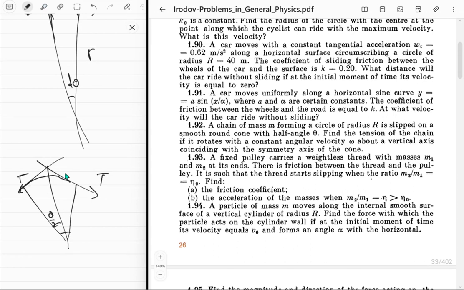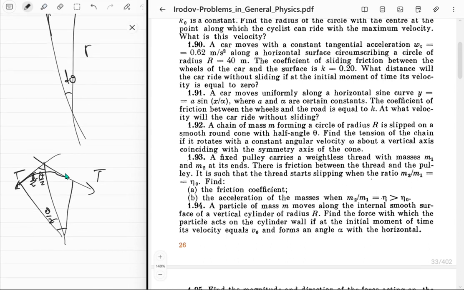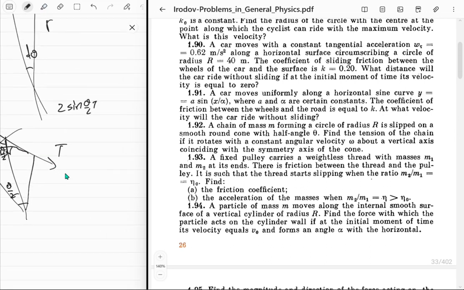What's the force that's pushing it inside? This angle is 90 minus that, so pi by 2 minus theta upon 2. Cosine of that is sine of theta upon 2, so the force pushing it in this direction is 2 sine of theta upon 2 times tension.